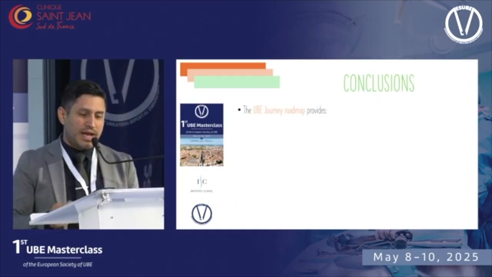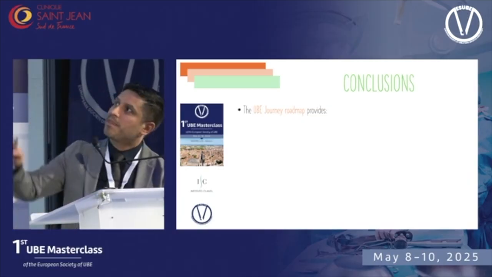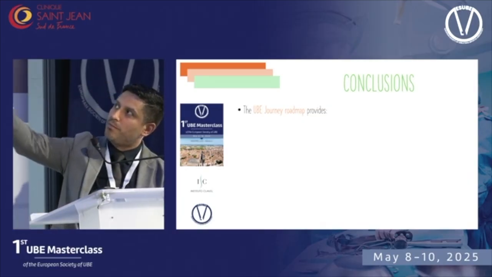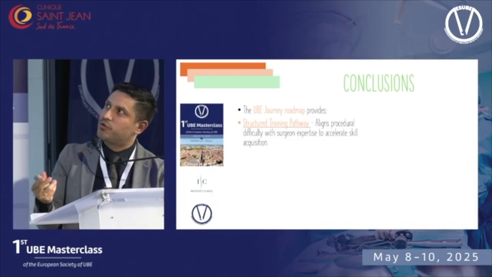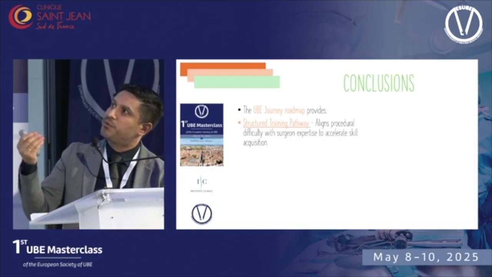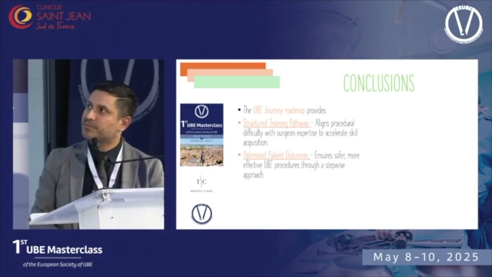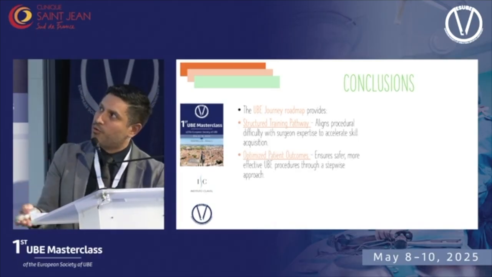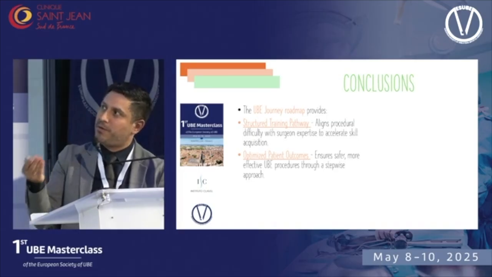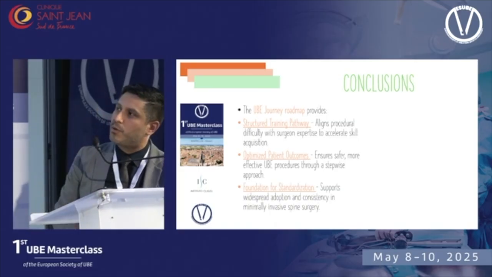So just as a matter of conclusions, the UBE roadmap provides a structured training pathway, aligns procedural difficulty with the surgeon's expertise to accelerate skill acquisition, optimize patient outcomes, and ensures safer, more effective UBE procedures through a stepwise approach.